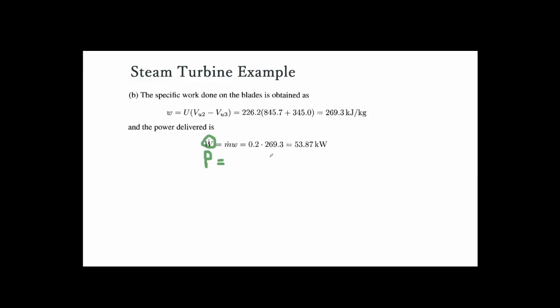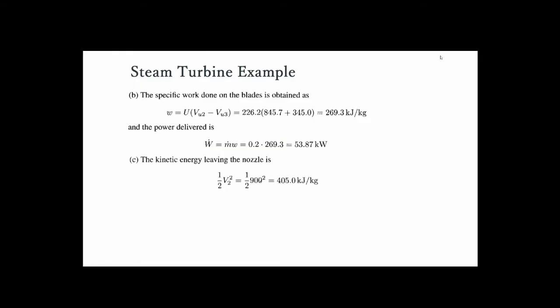Okay, m dot is the mass flow rate 0.2, and specific work we just calculated up here, plug in here, and we will get the power delivered by this turbine is equal to 53.87 kilowatt.